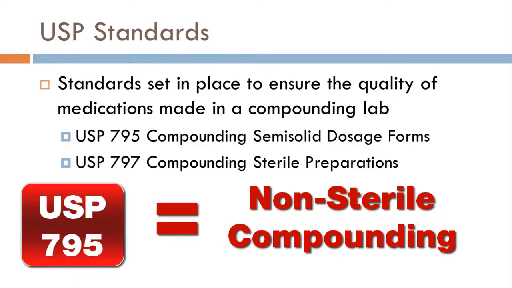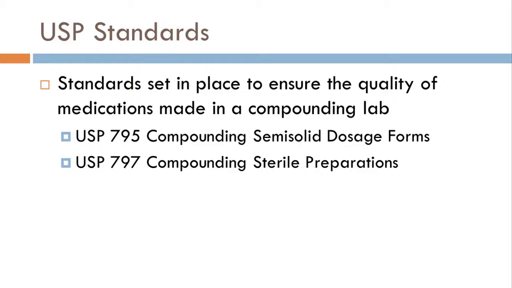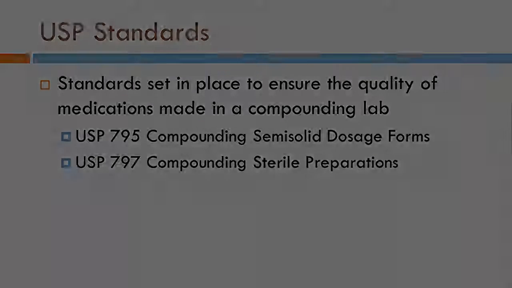So really what I'm looking for you to remember here is non-sterile, 795. But USP 797, now we're compounding sterile preparations. All the laminar flow hood and the aseptic technique we just talked about a couple slides ago, USP 797 is governing that. So real quick, 795 equals non-sterile regulation, 797 equals sterile regulation from the USP.